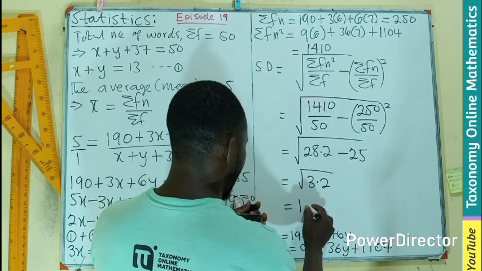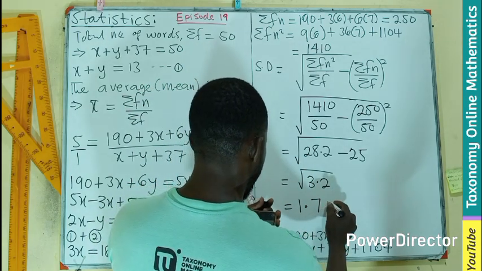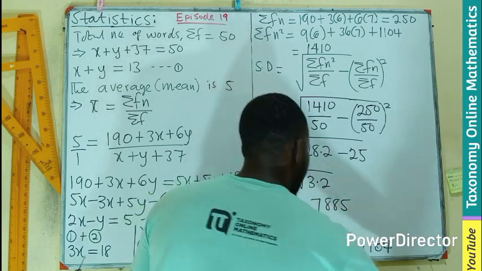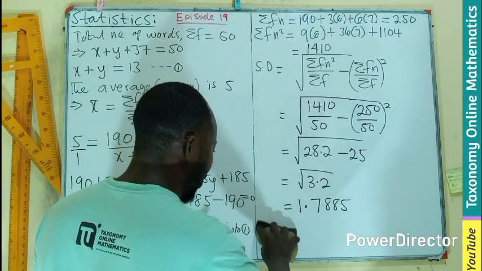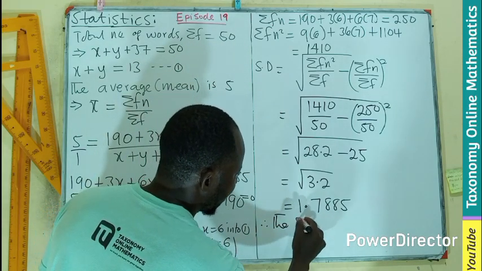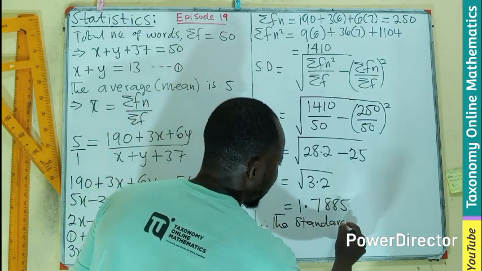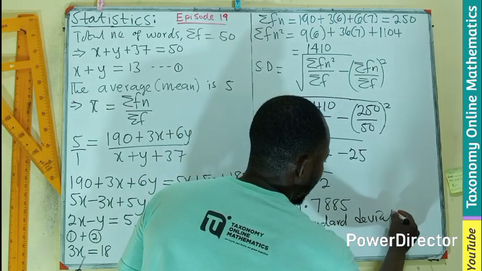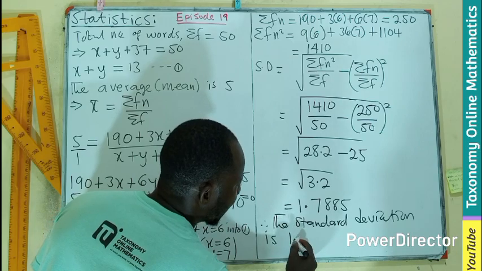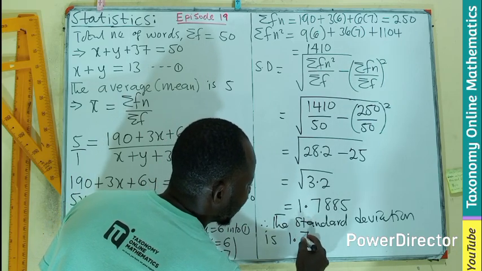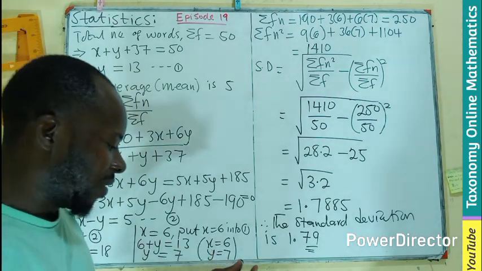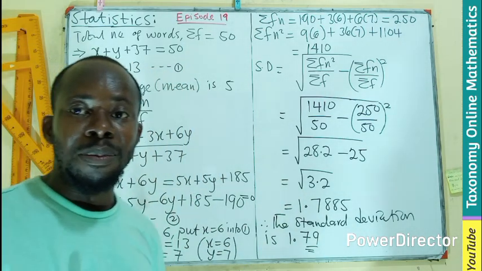This becomes 1.7885, I guess. But we have to leave the answer in 2 decimal places. So I can say that, therefore, the standard deviation is going to be 1.79 to 2 decimal places.